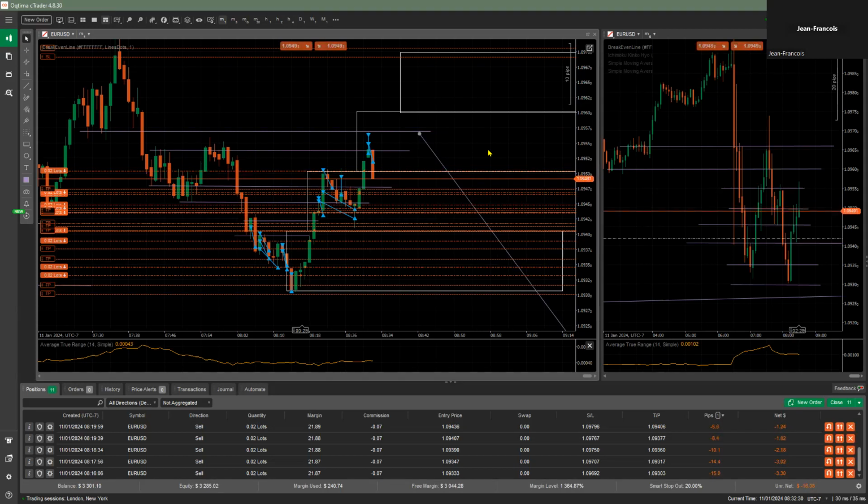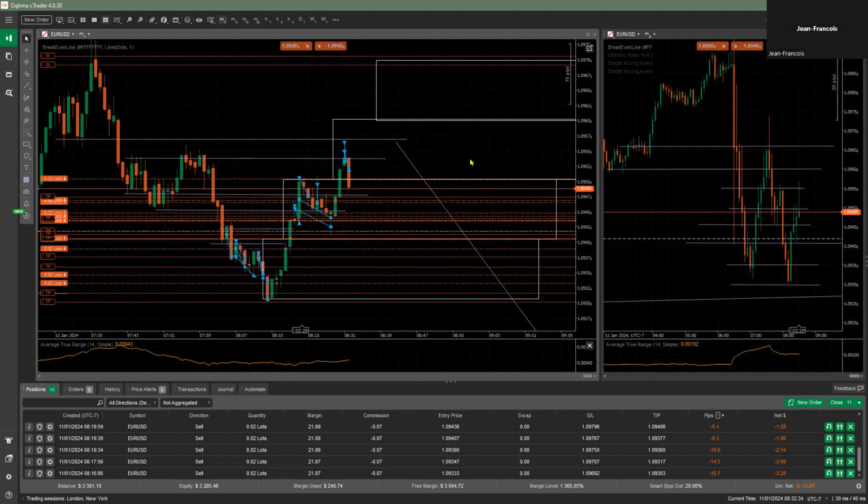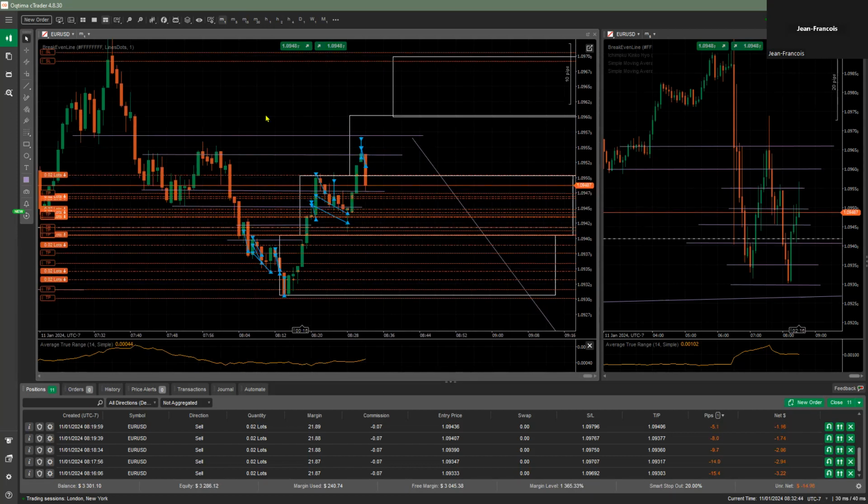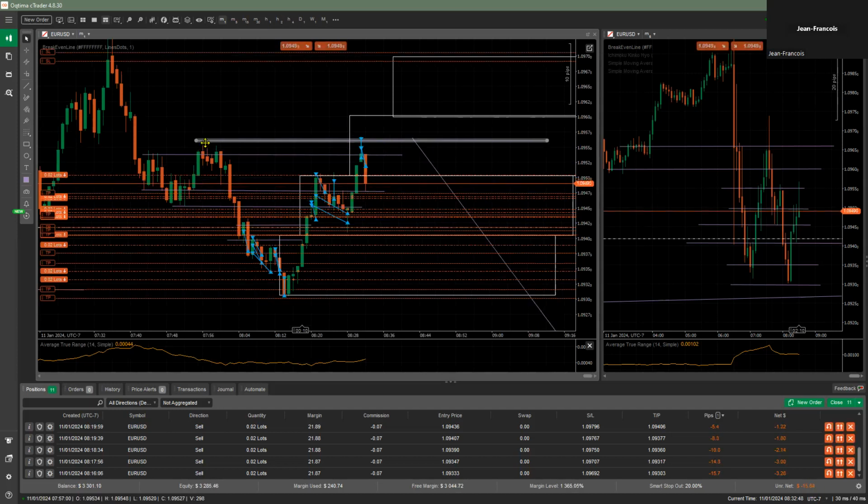Let's see what happens in the next 25 minutes. Another push higher might be in line. Just now, as we speak, we've made a slightly higher high across here.